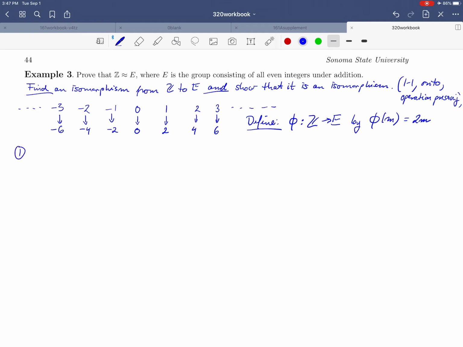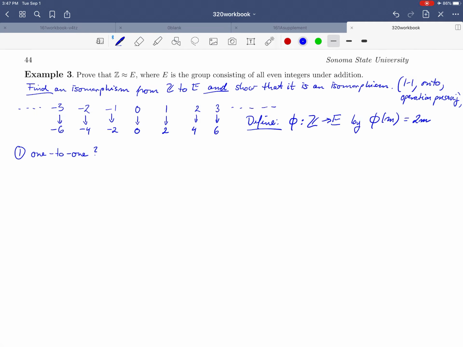So the first thing we need to do is to show that it's one-to-one. And this is something that works here exactly the same way that it worked in your proof writing class, and that it's working in real analysis. So how do you show that something is one-to-one?